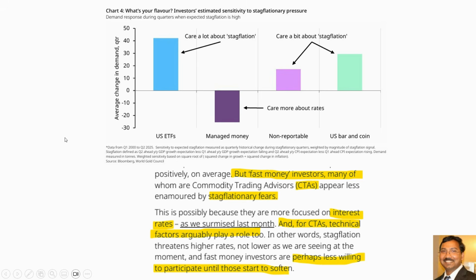They follow technical analysis and technical trends, and they also care about interest rates compared to the stagflation economic situation. So right now they are silent, they're not doing much purchasing based on this data. Next buyers are non-reportable, which is the retailers, and the other one is US bar and coin. So a lot of bar and coin buying is happening after US ETFs.